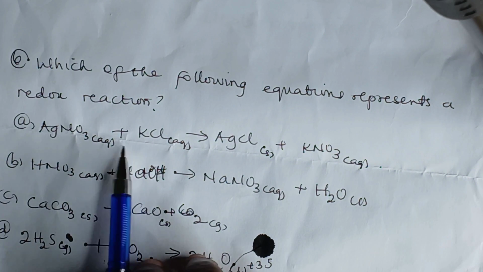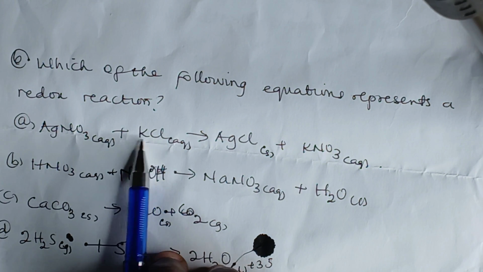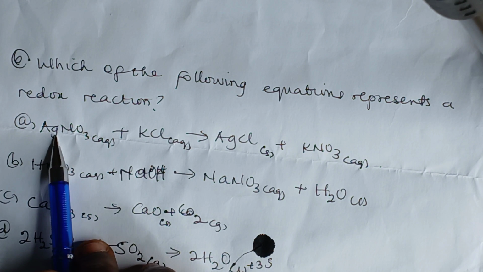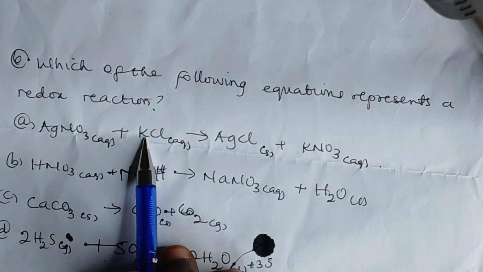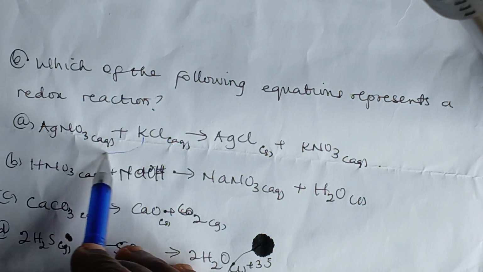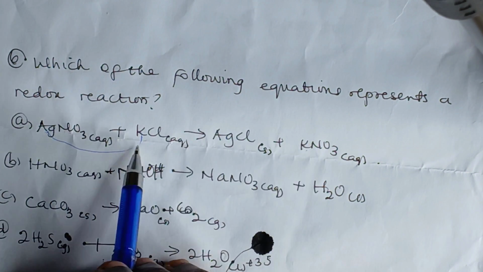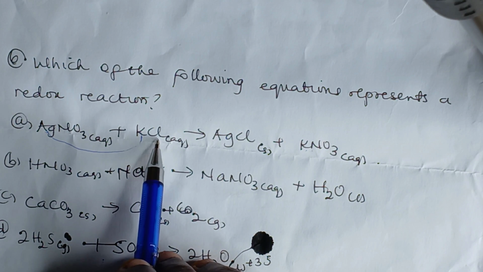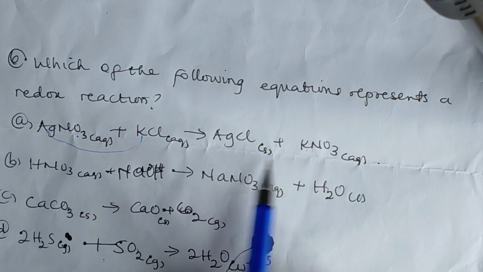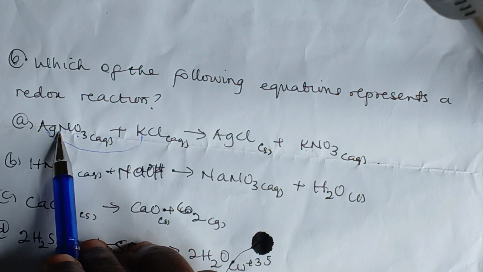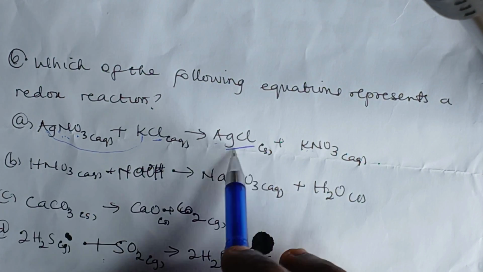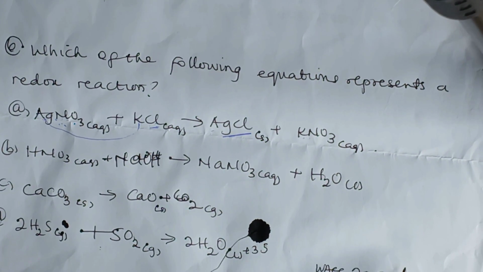The first one is a double displacement, where potassium displaces silver, because potassium is more reactive compared to silver, to get KNO3. And then chlorine displaces trioxonitrate from silver, taking over this position. So this is displacement and double displacement.